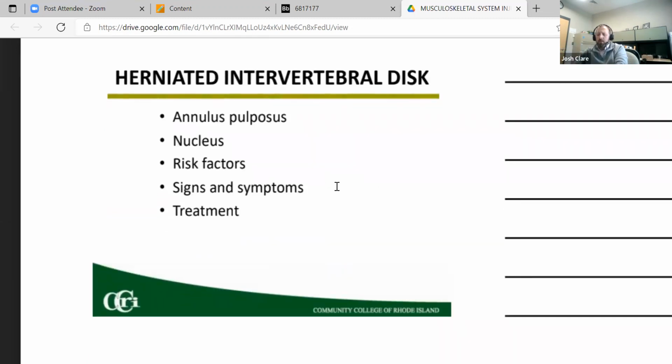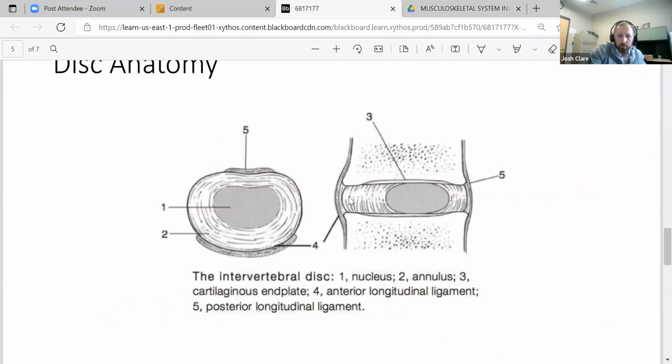Herniated intervertebral disc is a very, very common injury. All of us are going to experience it with our patients at some point. So these intervertebral discs are in between the vertebral bodies, help with some cushioning, and help provide some nutrients. The center of this intervertebral disc is the nucleus.